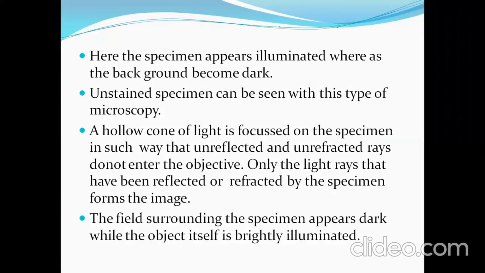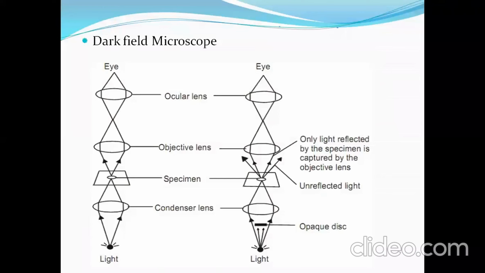Unstained. This is very, very important, because in your staining class you have read about different methods of staining. But why is such staining required? Staining is mainly required to create a change in the refractive index, just to create certain contrast between the specimen and the background.